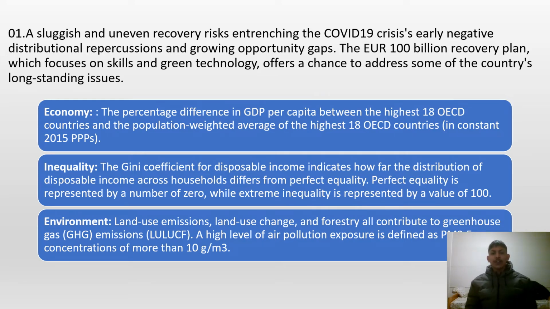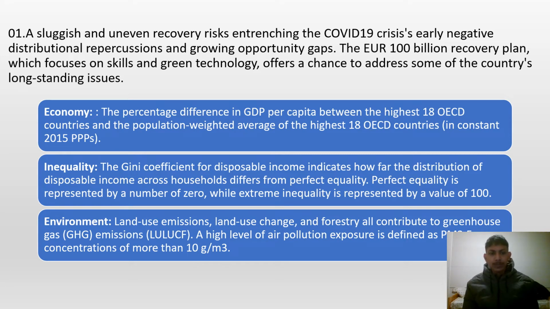The percentage difference in GDP per capita between the highest 18 OECD countries and the population weighted average of the highest 18 OECD countries, which I will show you in the graph. And another one is inequality.